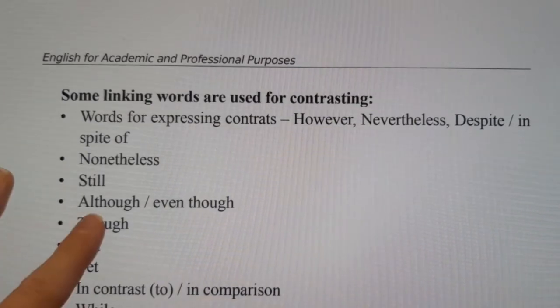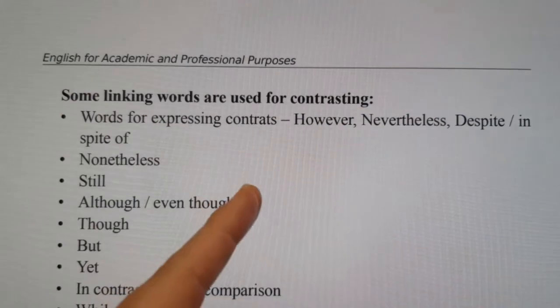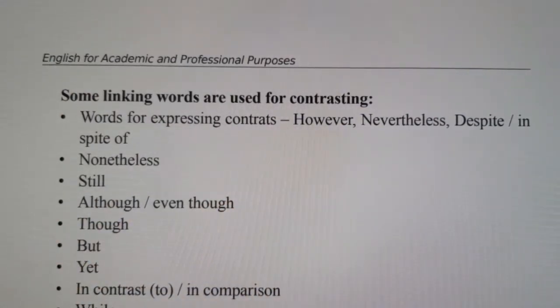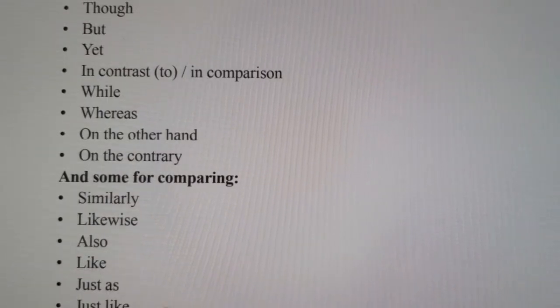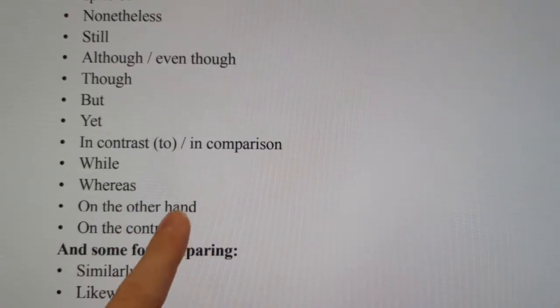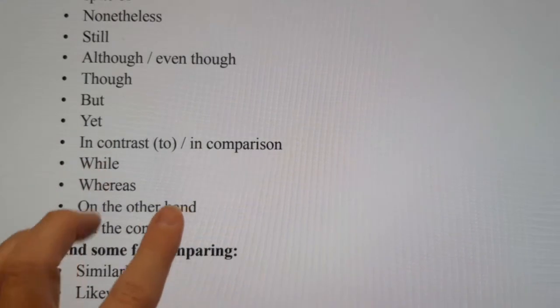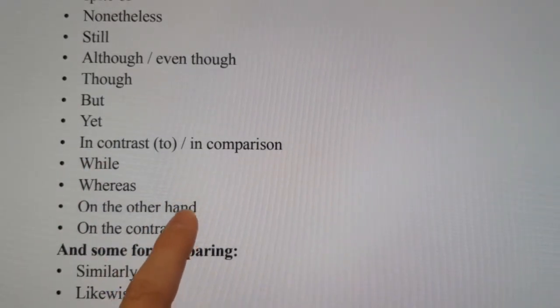So if you're contrasting, where you have one point and then another point that's completely opposite, you can say on the other hand. Please never say on the other side. That doesn't exist in English.